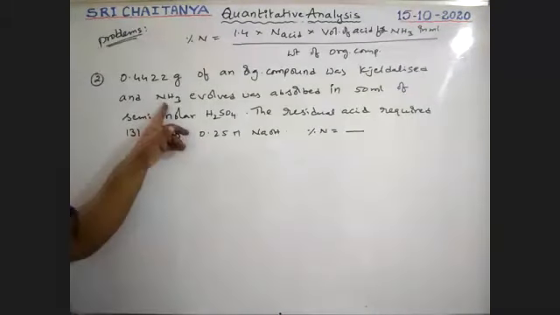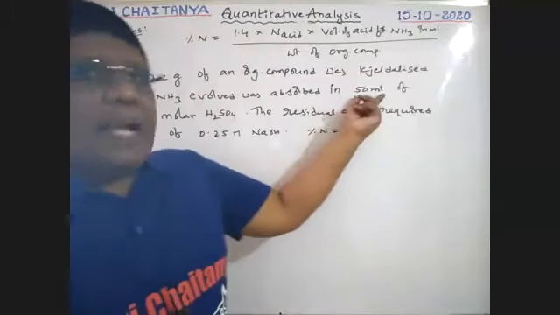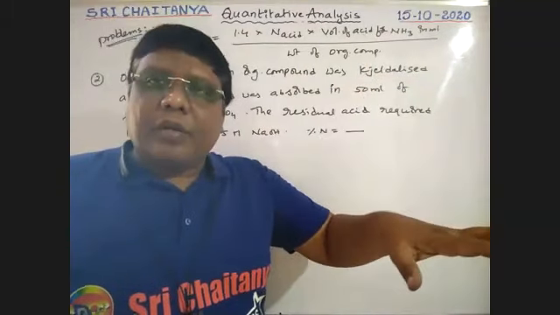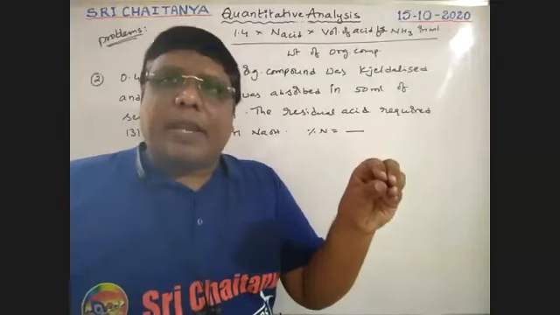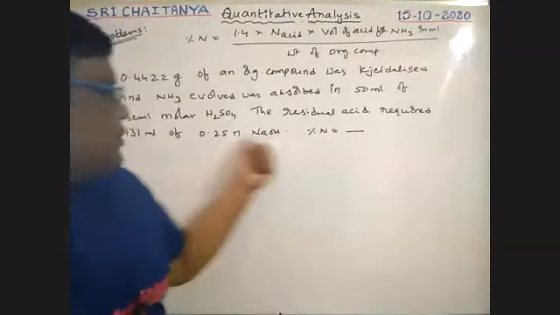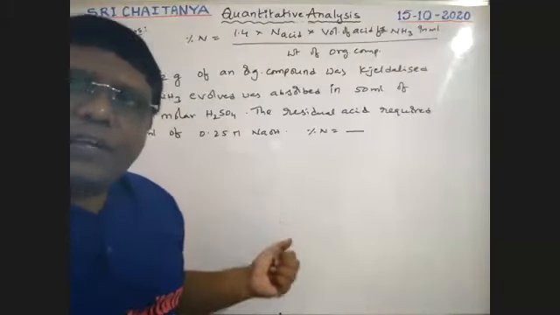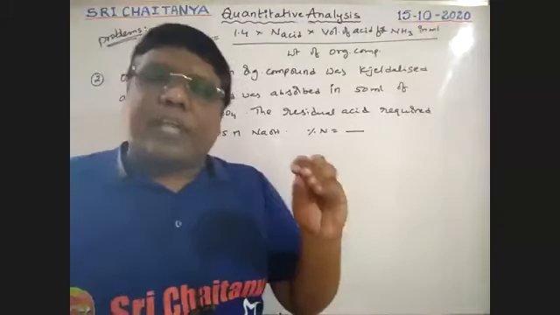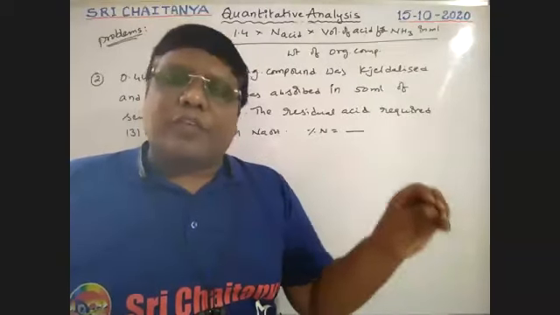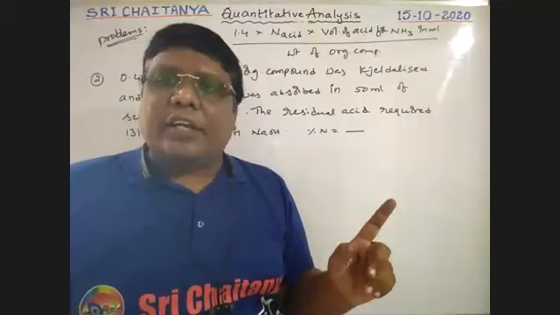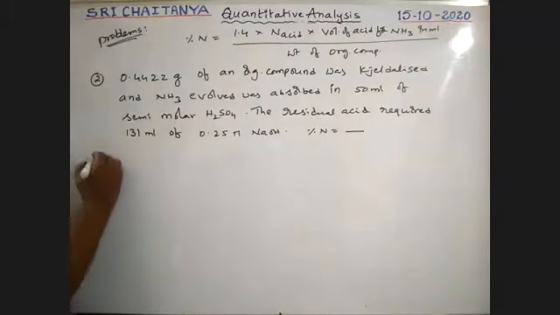See boys, the ammonia evolved is absorbed in excess, 50 ml of acid is there. But the entire 50 ml is not used for ammonia; something remains, and that remaining acid required this much NaOH. So first of all you should calculate the volume of acid used for ammonia. Now see here, solution.